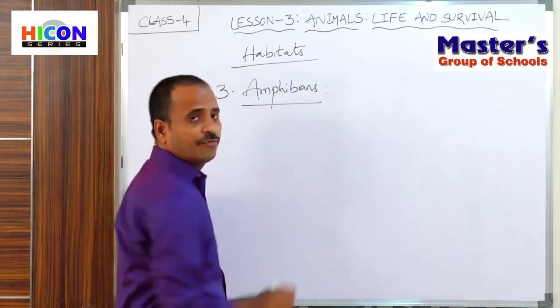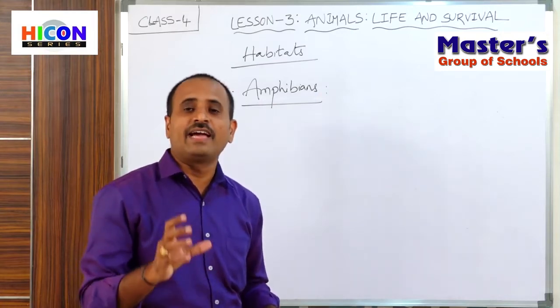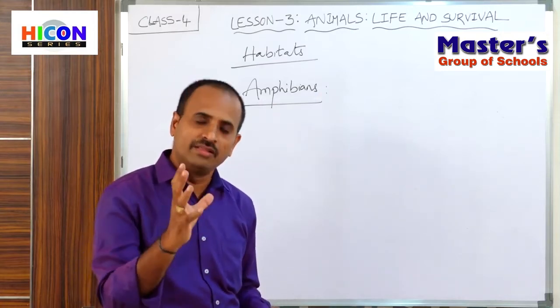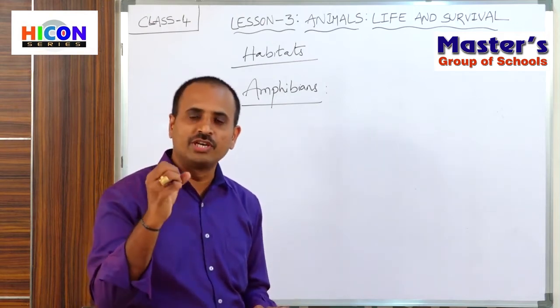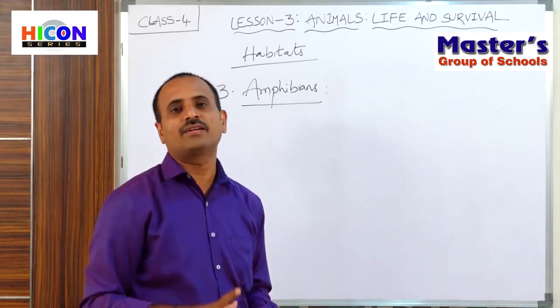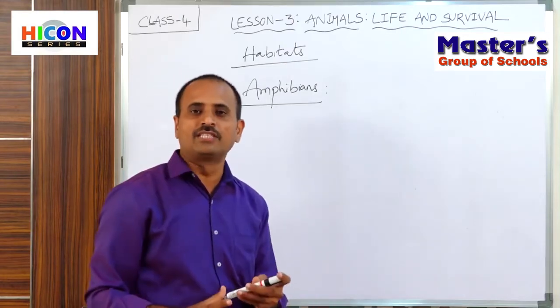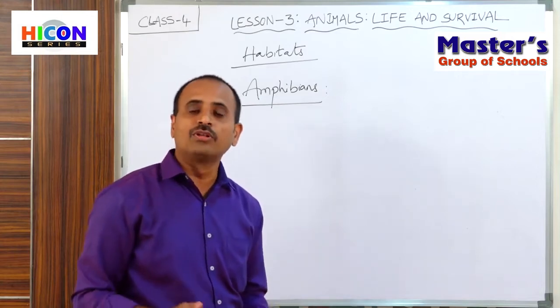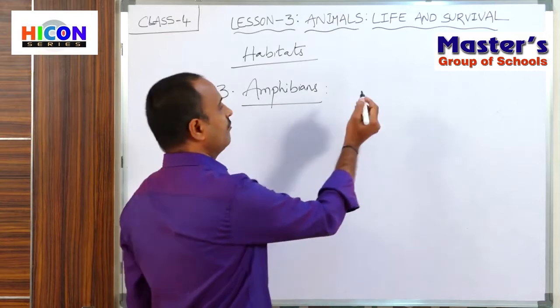So what are amphibians? Terrestrial means the animals which live only on the land. Aquatic animals means the animals which live only in water. Whereas amphibian means the animals which can live both on land and in water are called amphibians.